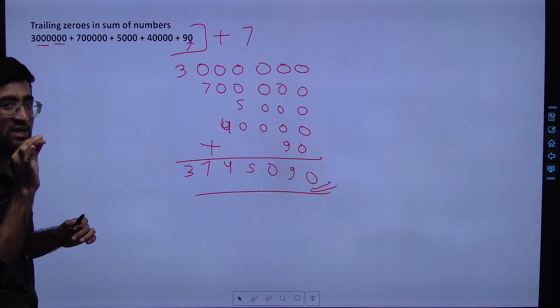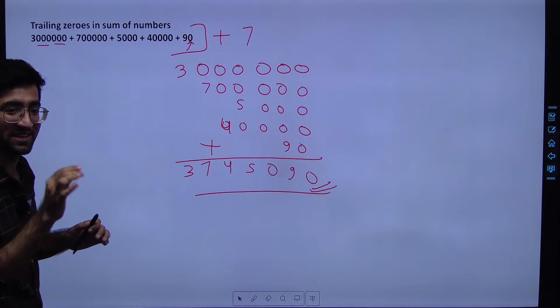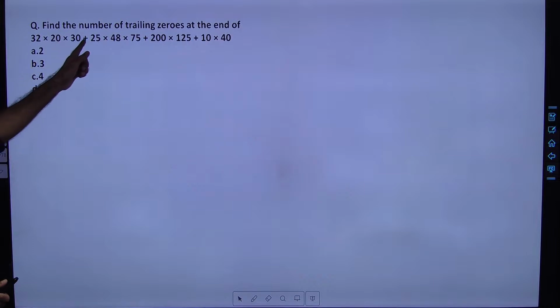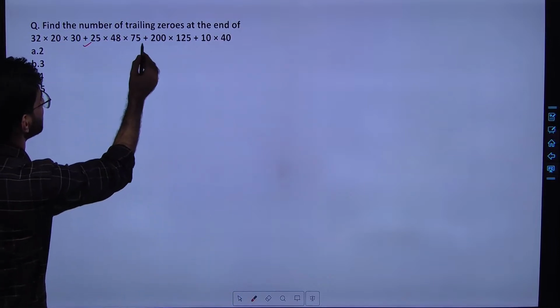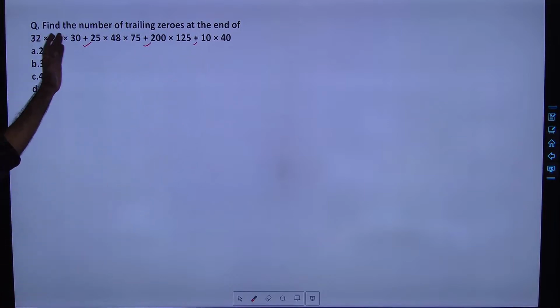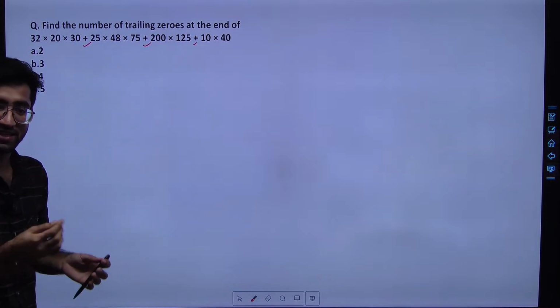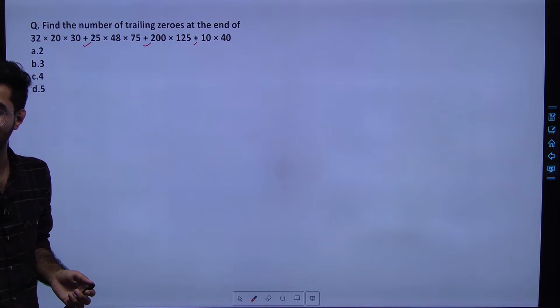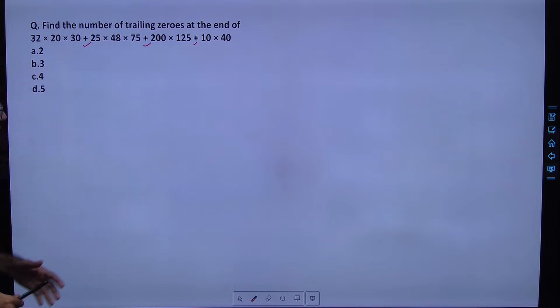Look at the minimum number of trailing zeros, right? So again there is a sum. If you look at the question carefully, there is basically a sum, right? Basically you will have to find the number of trailing zeros separately. Then the minimum number of trailing zeros will be your answer, right? Now try to answer this question.